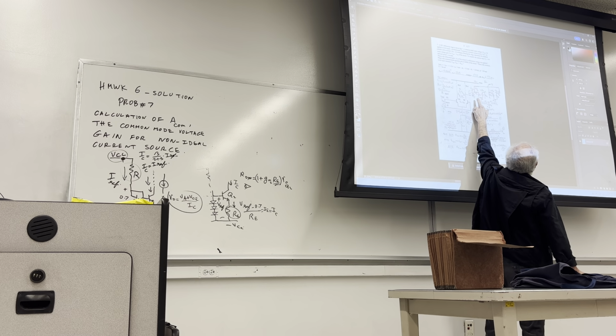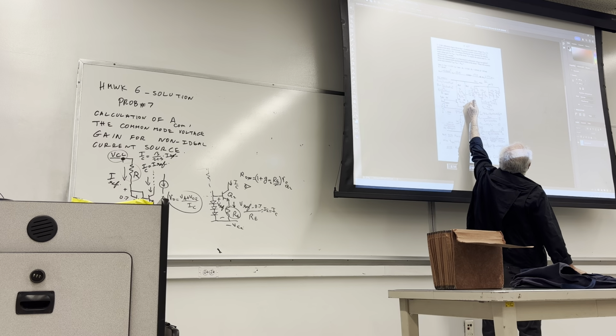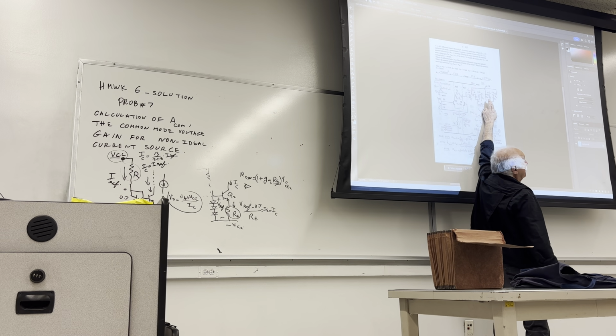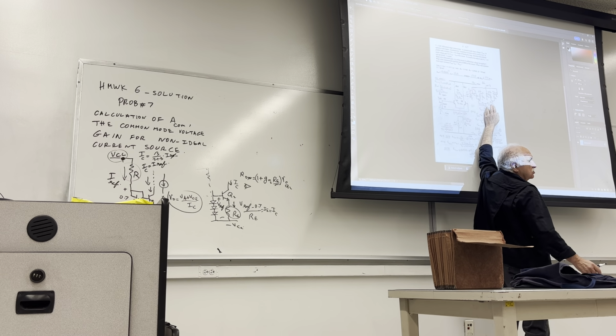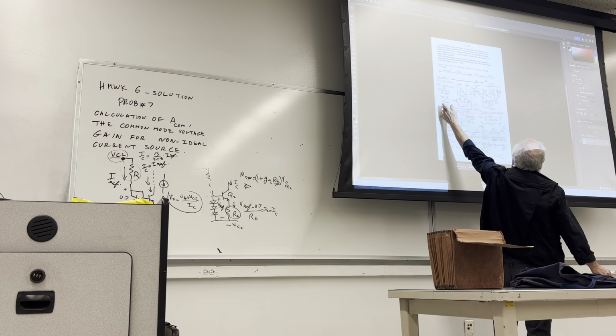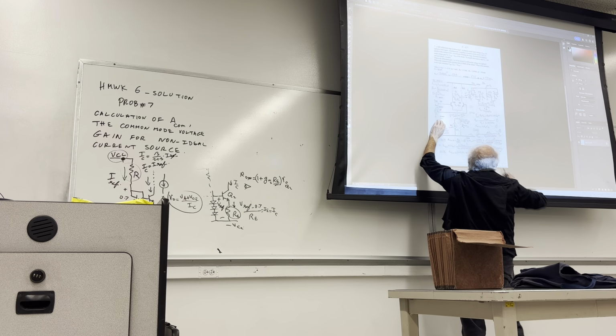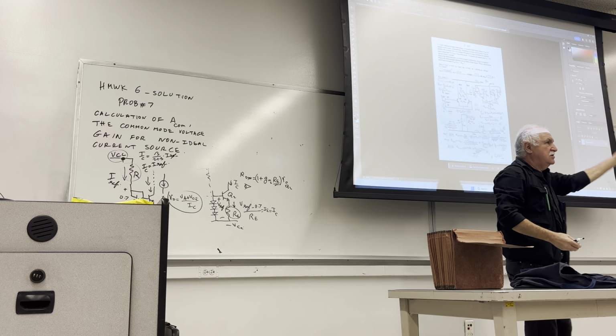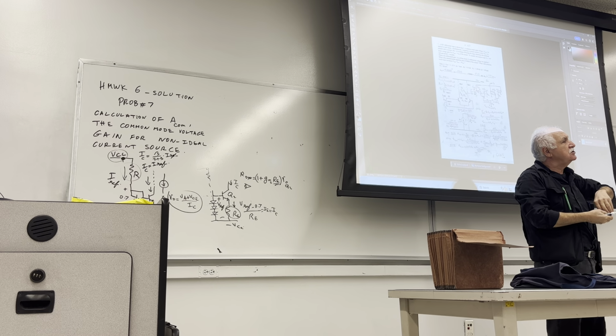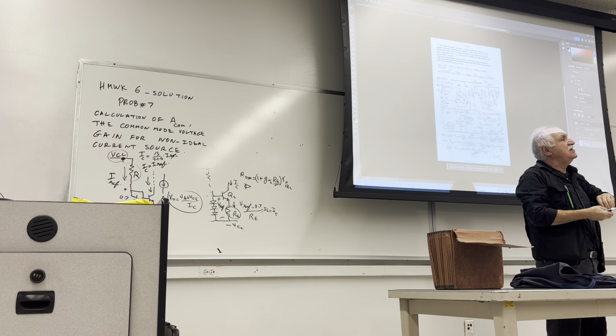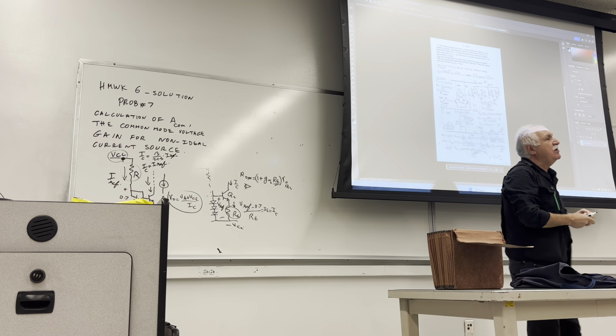Notice B2 is connected to B1, a common voltage. Let's see what will come out of the deal. That output divided by input is defined as ACOM, the common mode voltage gain.